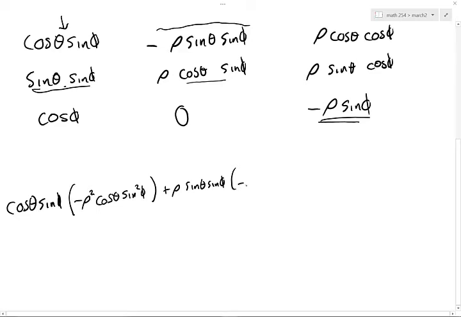So it's going to be negative rho sine theta sine squared phi. Nice. Minus, we're going to take this guy here times this guy here, so minus rho sine theta cosine squared phi. Nice.